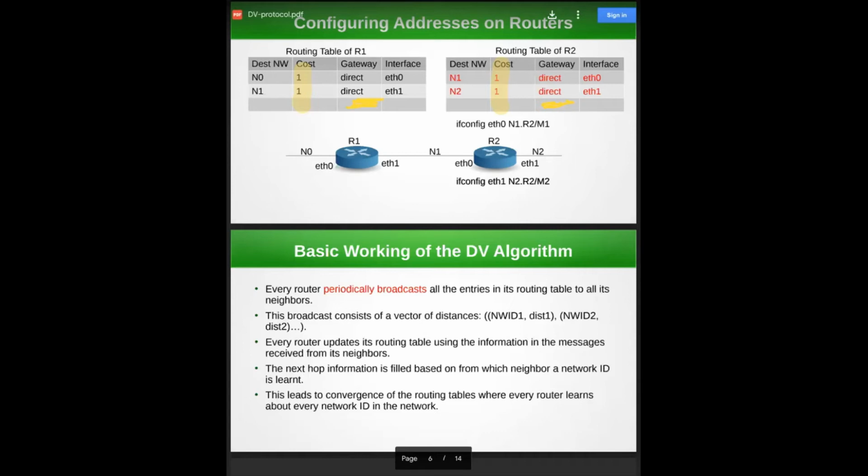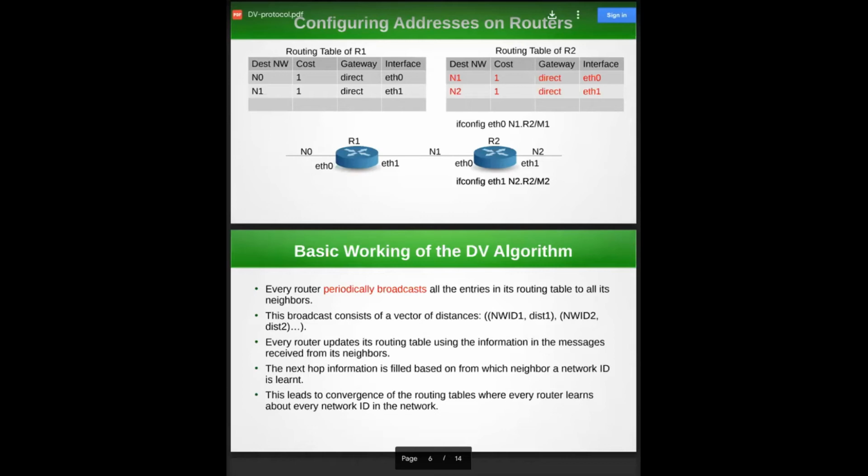So the broadcasting messages are used for learning additional network information as well as populating the gateway information. Over time, when all the routers keep advertising in this fashion, every router in the network comes to know about every network in the world. That's basically the basic working of the distance vector algorithm.